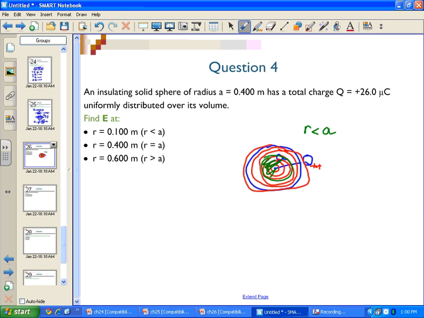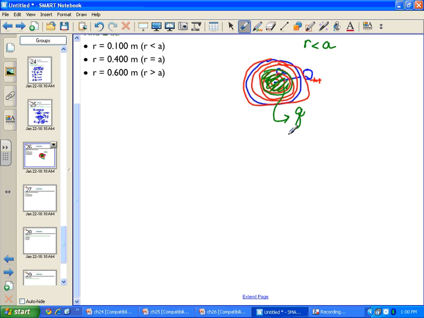And so here we are concerned with what charge is inside our Gaussian surface. Well, it's not going to be big Q because the charge grows up to the maximum of big Q when we get to the surface. So how do we determine what the charge is? Well, we make use of a piece of information that was given to us earlier. They told us that the charge was uniformly distributed.